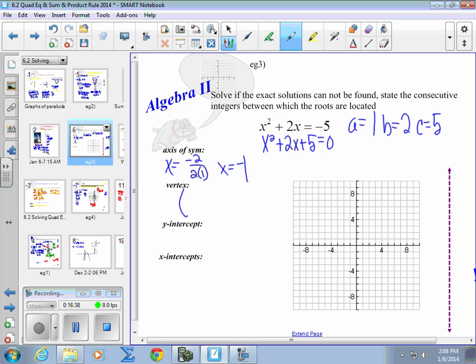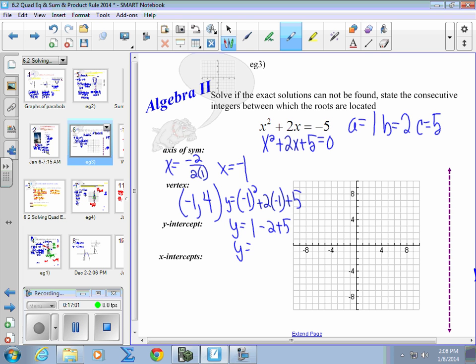The vertex is negative 1, and we're going to plug negative 1 in our function. We get negative 1 squared plus 2 times negative 1 plus 5. So we have 1 minus 2 plus 5. We get y is equal to 4.